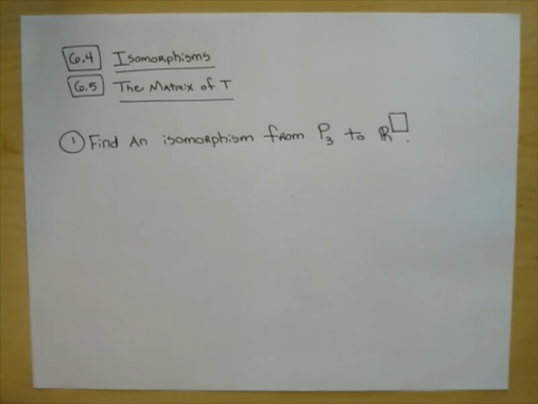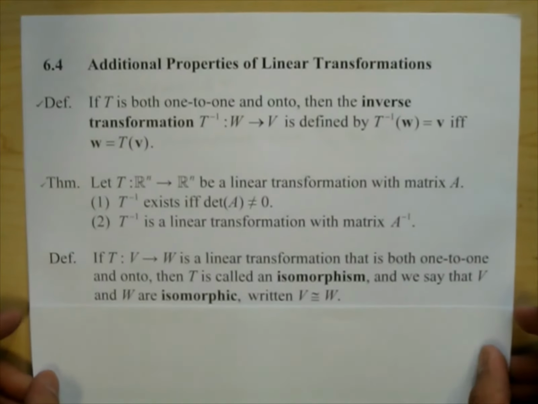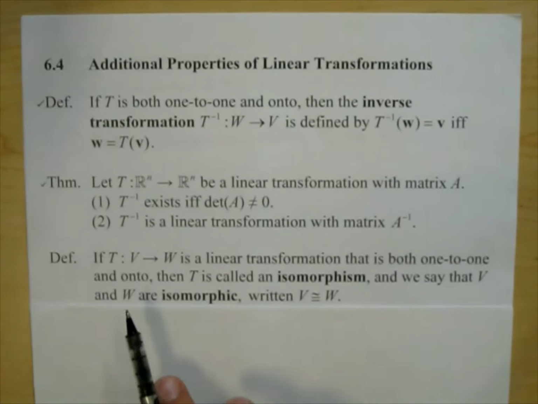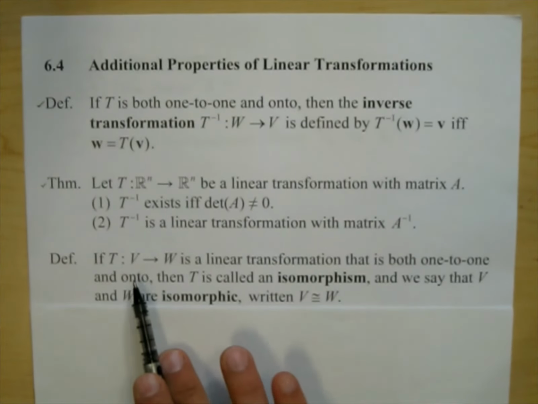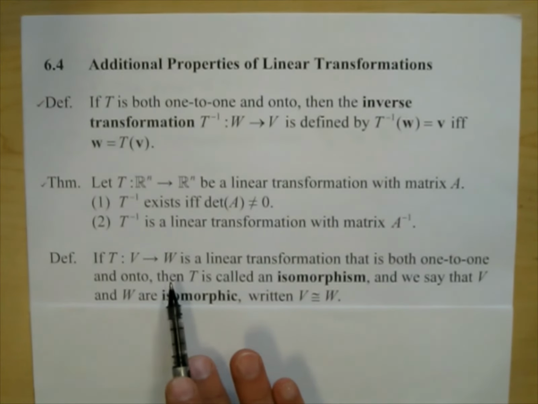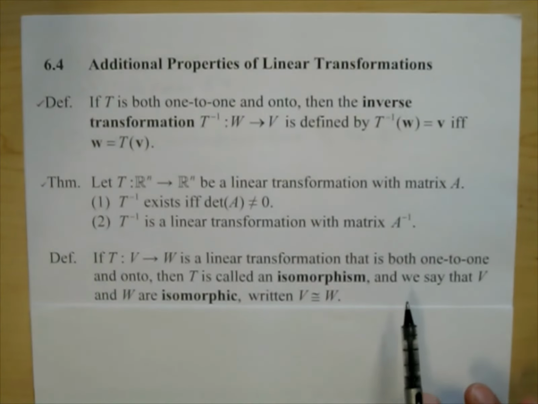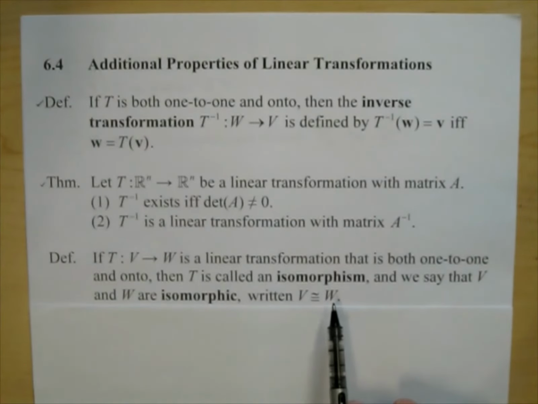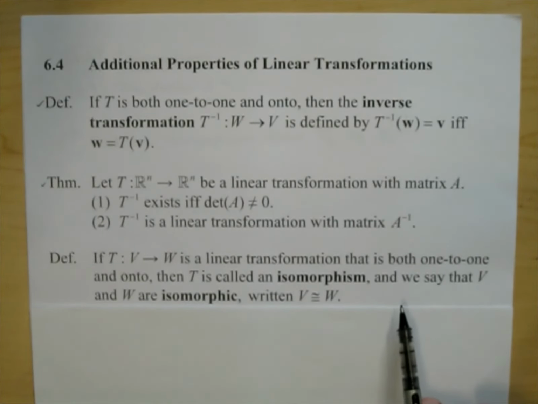Let's take a look at a definition of isomorphism. T is a linear transformation that goes from vector space V to vector space W, and it's both one-to-one and onto. So if you've got that situation, then T is called an isomorphism. And we say that V and W are isomorphic.